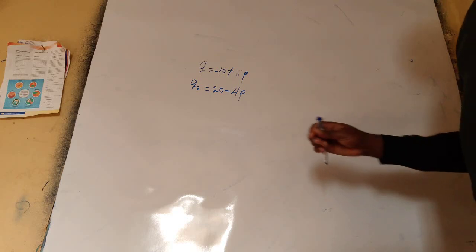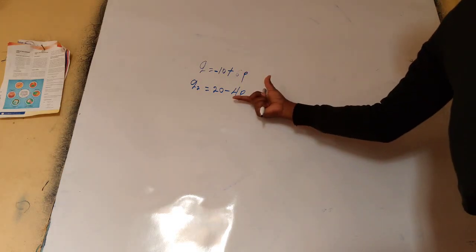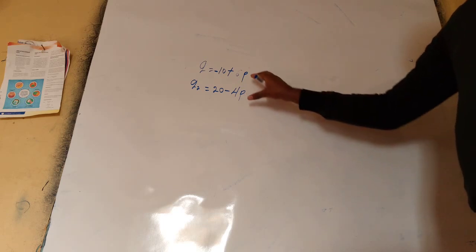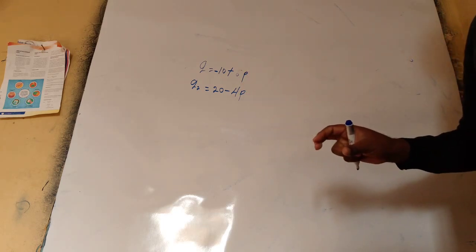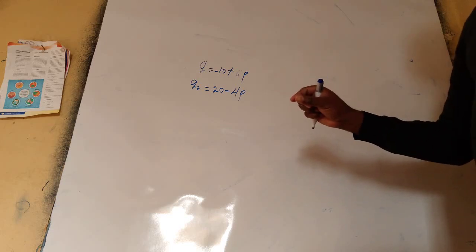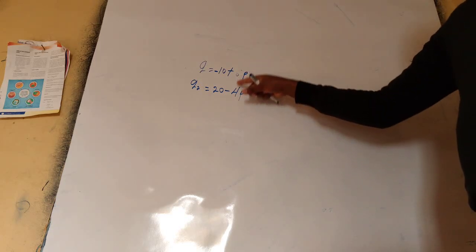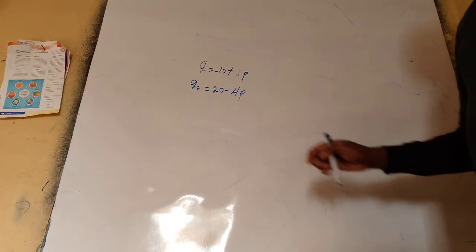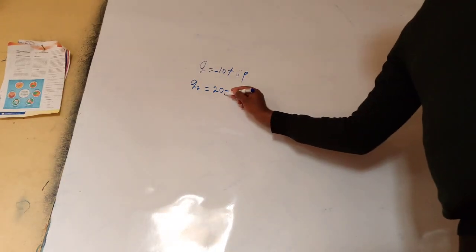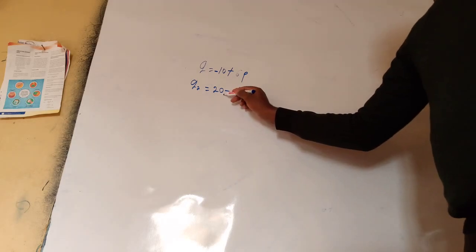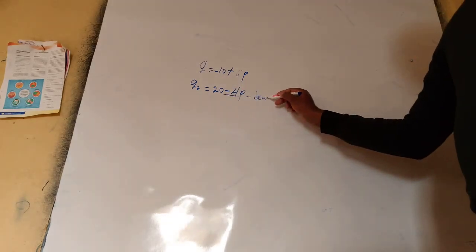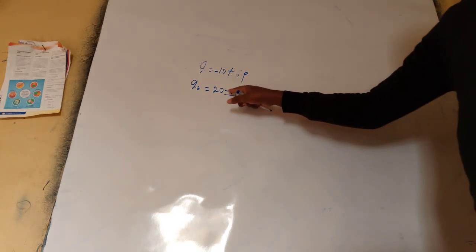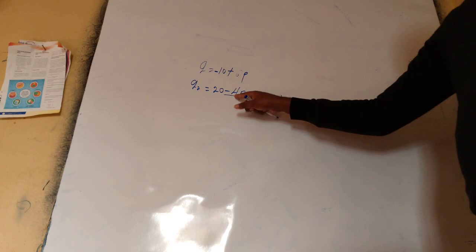As you can see, what is common in the two equations? It is P. Now, this P stands for the price. At the same time, the coefficient stands for the gradient or the slope. So the one with a negative gradient is the demand curve. That is my demand function, simply because it has a negative slope.